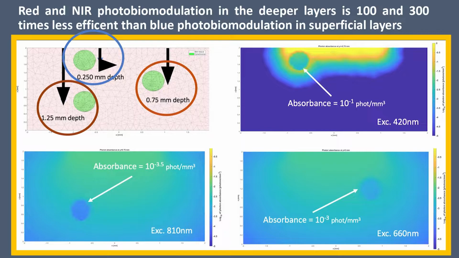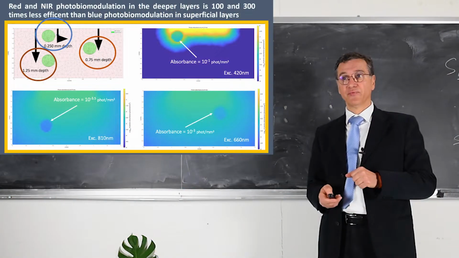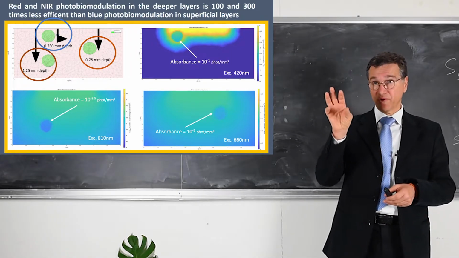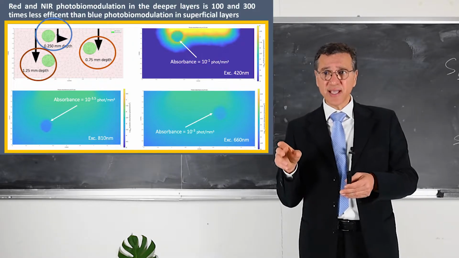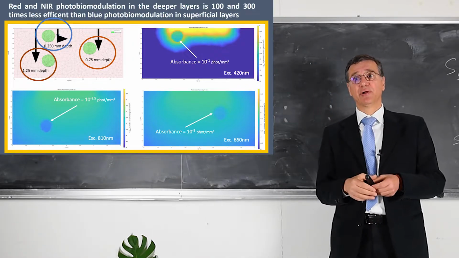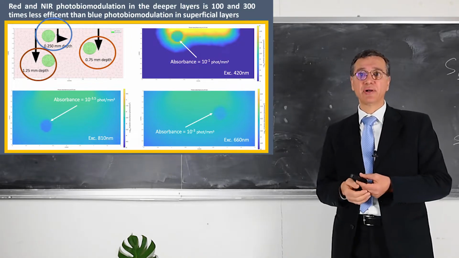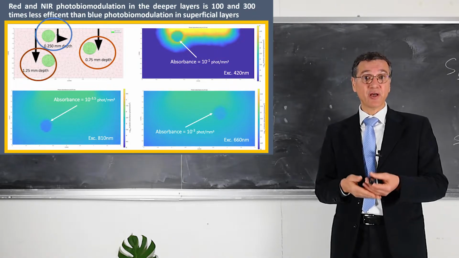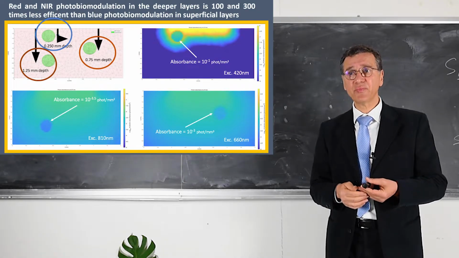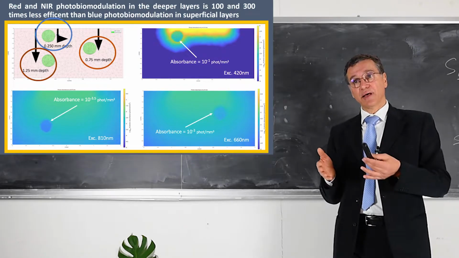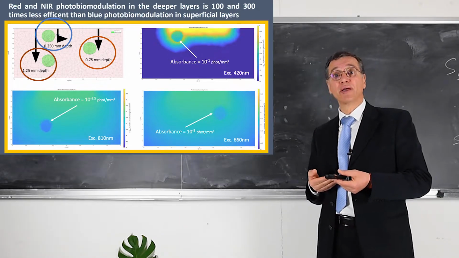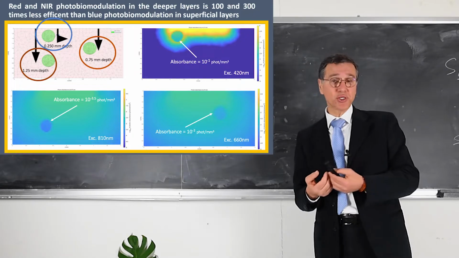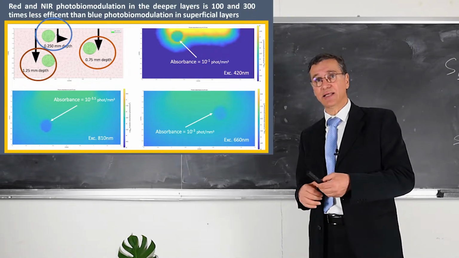In fact, if I look at this second simulation, I can study the photobioactivation of the first inclusion, the superficial one, with blue, the second inclusion a little bit deeper with red because red is going deeper, and the third inclusion a little bit deeper, even more, with near infrared, because near infrared is going even deeper. Now, it's true that red and near infrared are going deeper, but it's also true that the cytochrome oxidase absorbs much less in the red and even less in the near infrared.